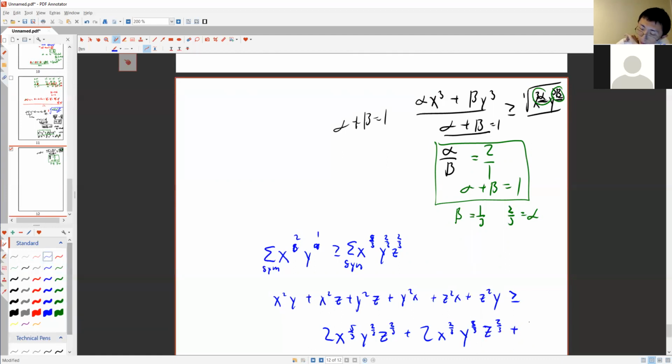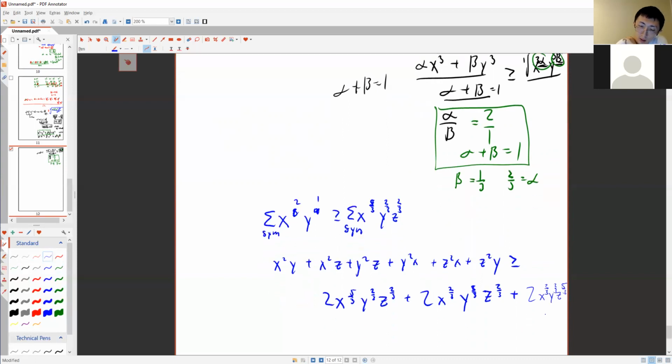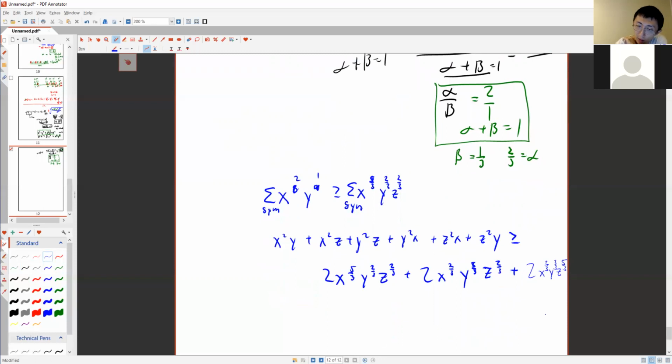I should use the thin pen. So let's see if we can come up with the system of equations. There's some way to weight these 6 variables so that it's bigger than, let's say, one of these. This is a bit ugly.